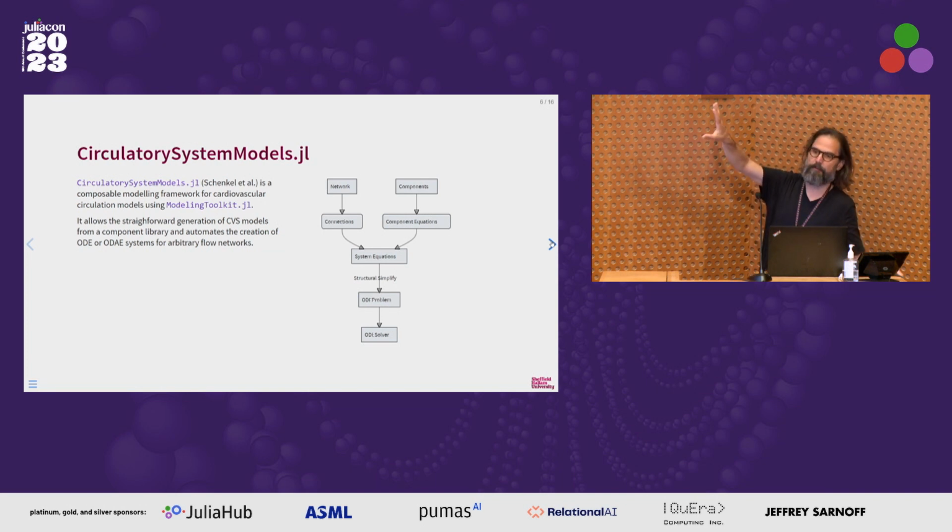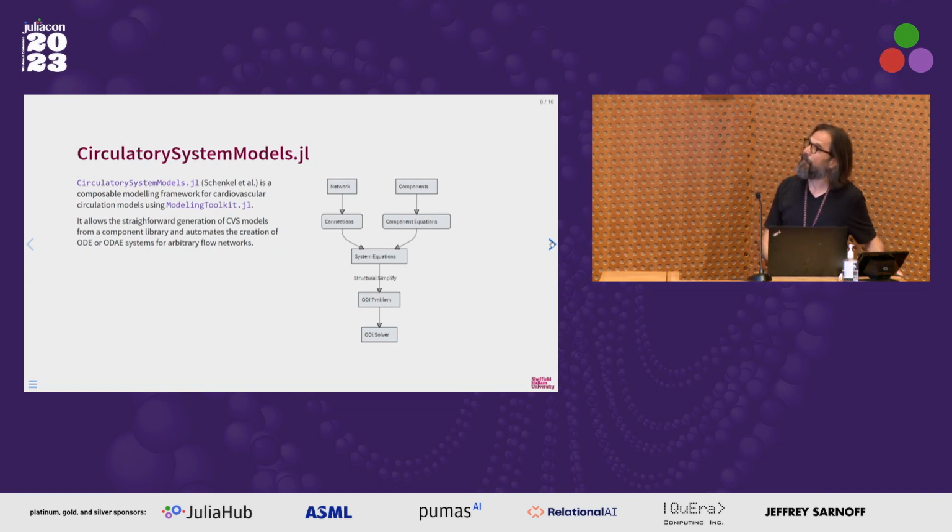So we have the network models, which gives us the connection equations. We have the equations for the components, which gives us the ODE. So for example, a compliance has a dp dt is q over c.